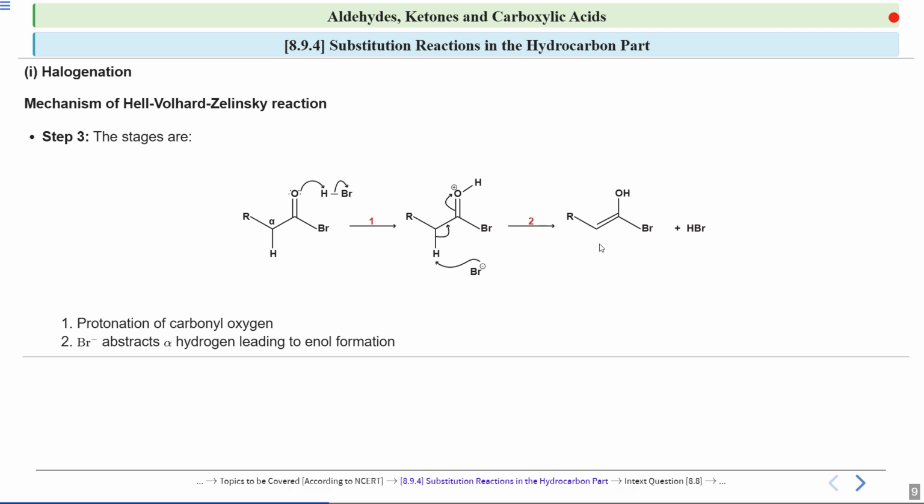This enol is a key intermediate that allows the halogen to be added in the next step. So in step 3, there is protonation of the carbonyl oxygen and this Br minus abstracts the alpha hydrogen, leading to the formation of this enol.